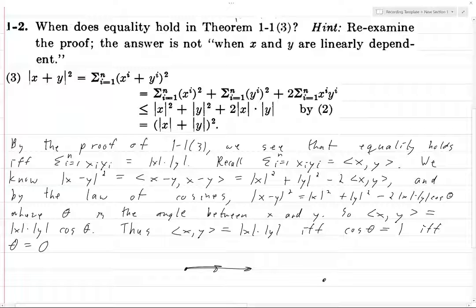Or if x is going this way, then y also has to go this way. So basically what we're saying is that x and y have to be a positive scalar multiple of each other, or at least a non-negative multiple of each other, because you could have either x or y be 0, and that still holds.